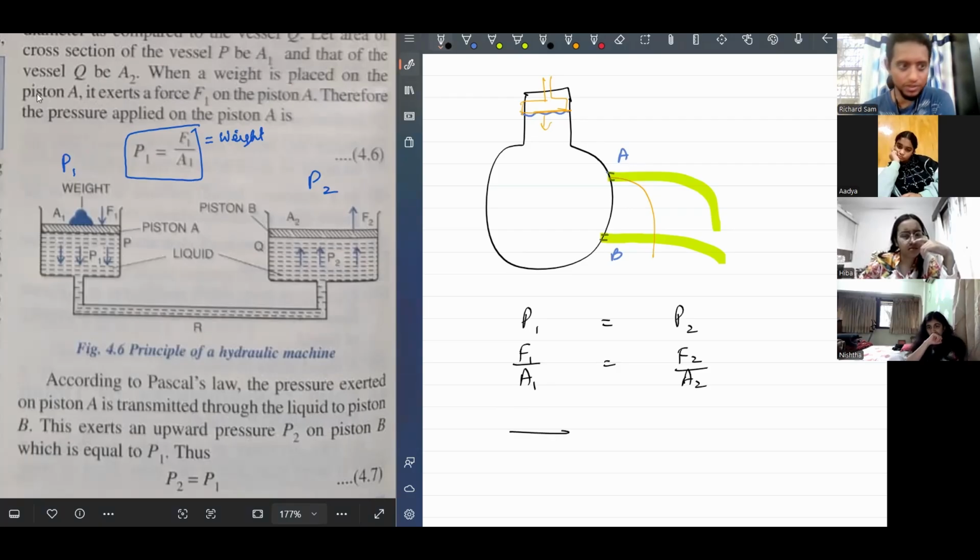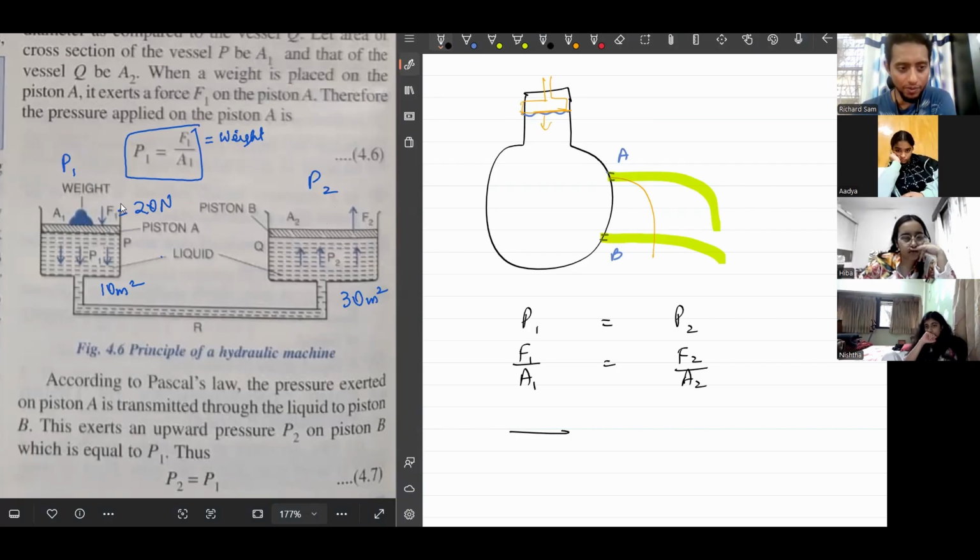Now let's put some values. Let's say that the area on the left side is much lesser, say it is 10 meters square, and the area on the right side is, say, 30 meters square. So if I apply a weight on the left side, say I'm applying a force of 20 Newton, on the right side, what force will be felt?